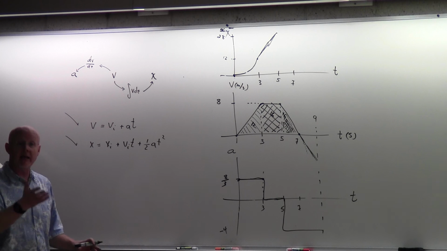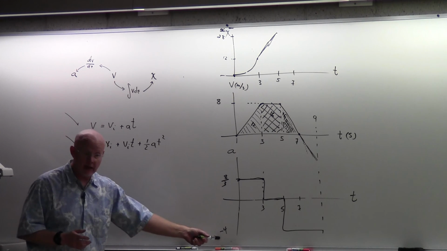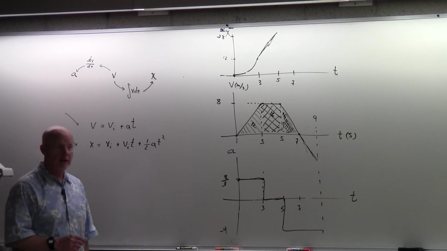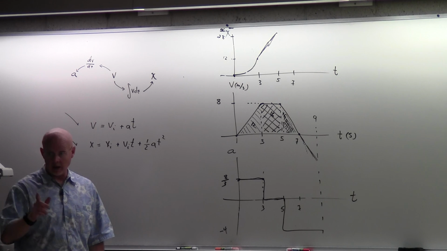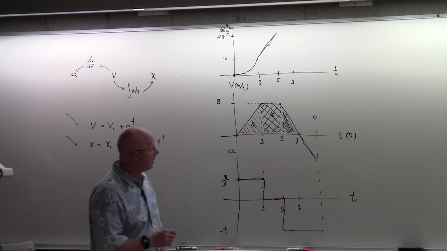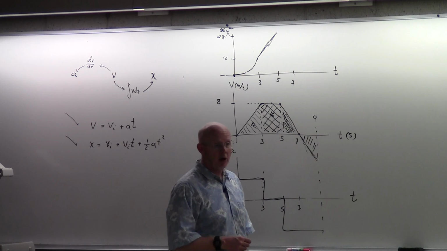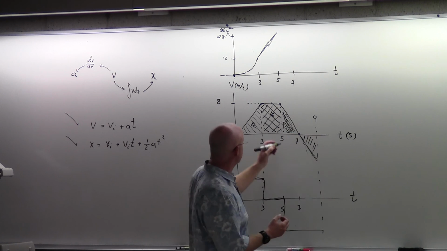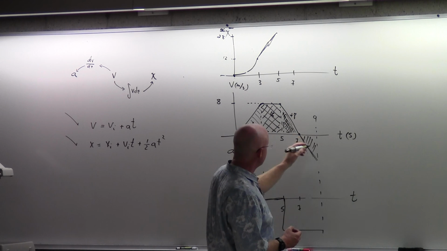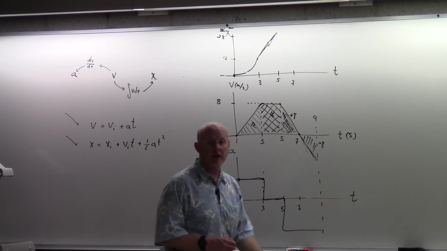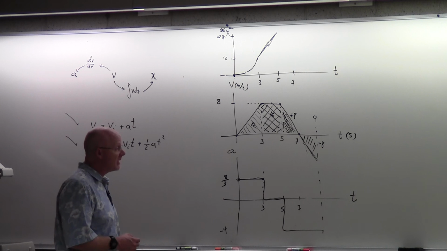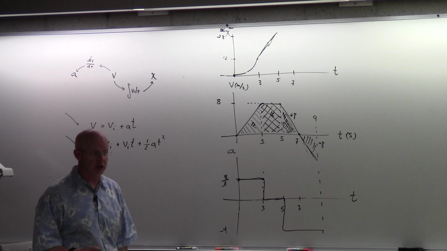Yeah, it's a parabola again, and it's concave down because we have an acceleration of negative. Concave down, right? It's a negative 4. In fact, you can even see that the area of this one and the area of this one are the same areas, just with a negative. So this would be an area of +8. This would be an area of -8. Which makes sense. It's losing position.